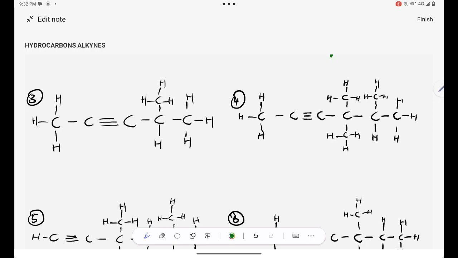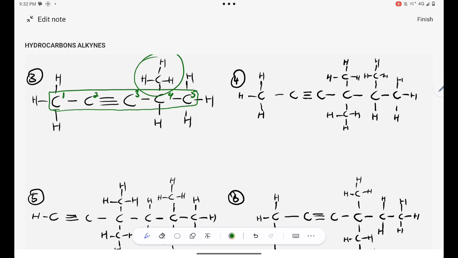Okay, for this one, yes, this is the parent chain. Always start counting from the terminal which is closer to the triple bond. This is 1, 2, 3, 4, and 5. Obviously, I have an addition to my alkyne at carbon number 4. I must first mention that addition.